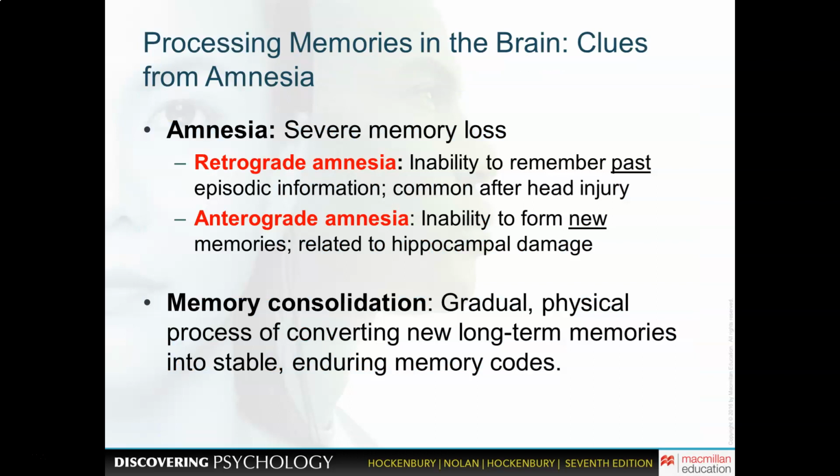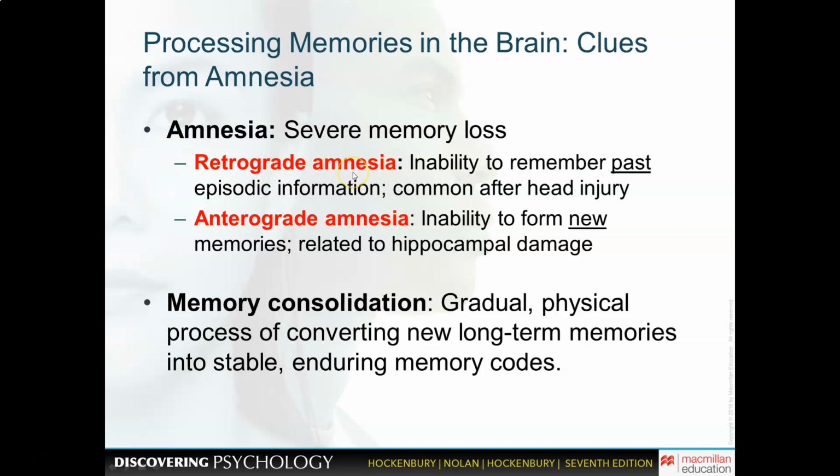All right, another type of forgetting here is what's known as amnesia. So amnesia, there are a couple different types here. Amnesia is basically severe memory loss. Okay, and there are two types of amnesia.